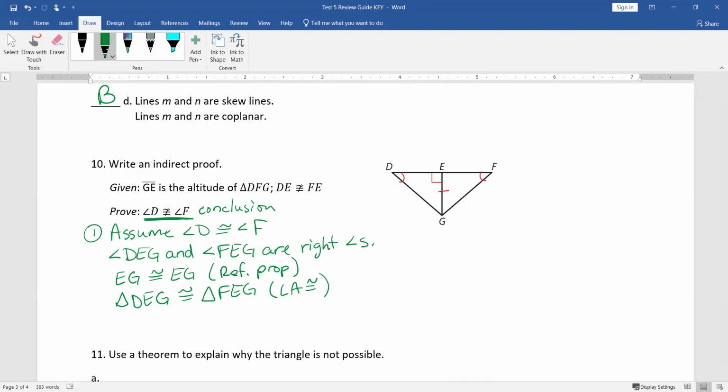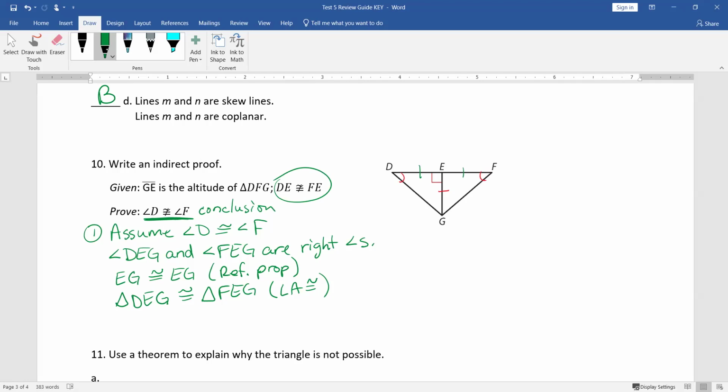Now, if that's the case, let's go back to what we were trying to prove. This is where our given comes into play. Based on this proof, assuming that angle D is congruent to angle F, that would mean that DE would have to be congruent to FE because they're corresponding parts in each of these now congruent triangles.